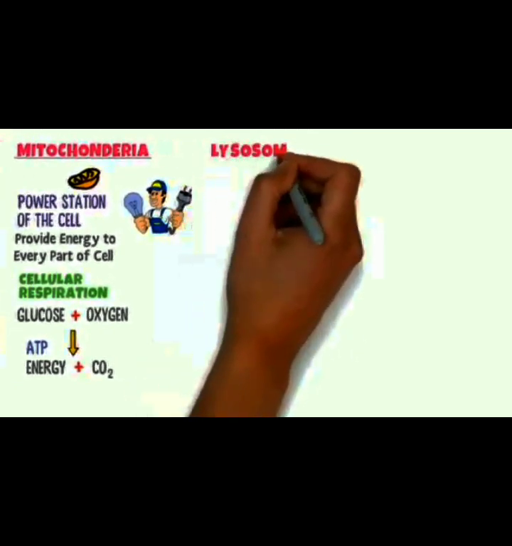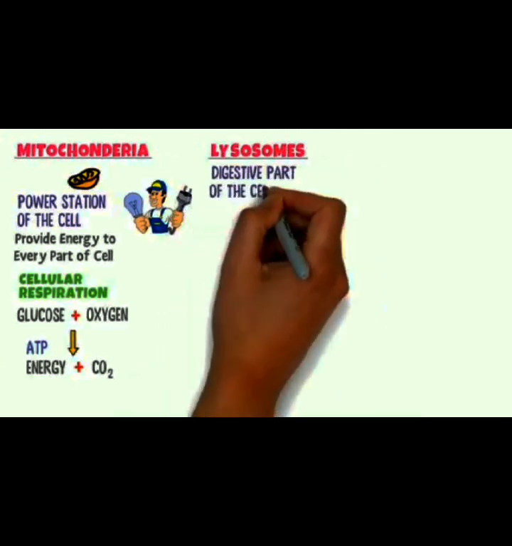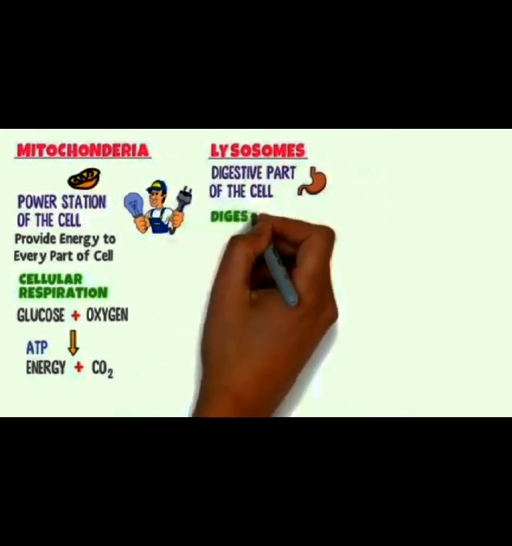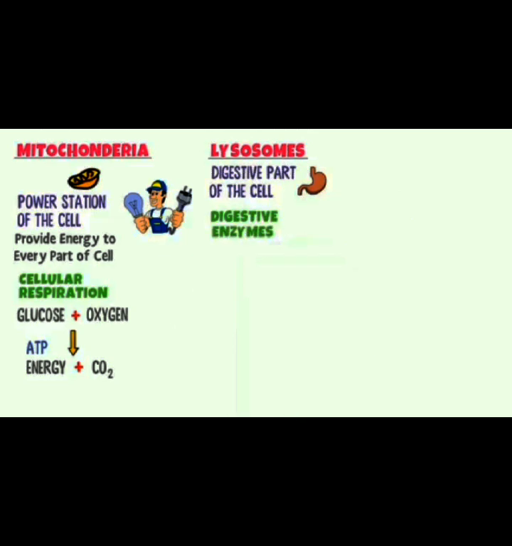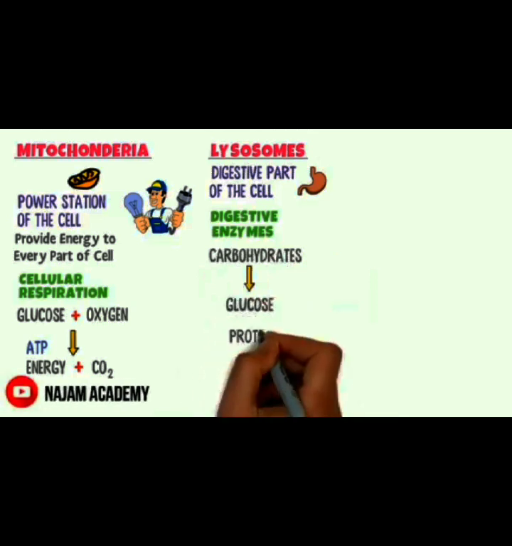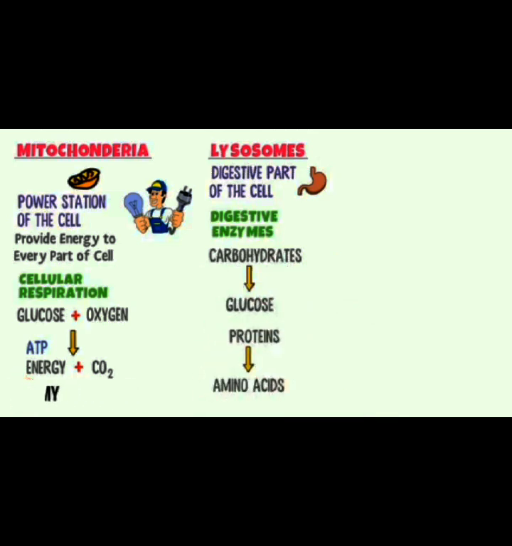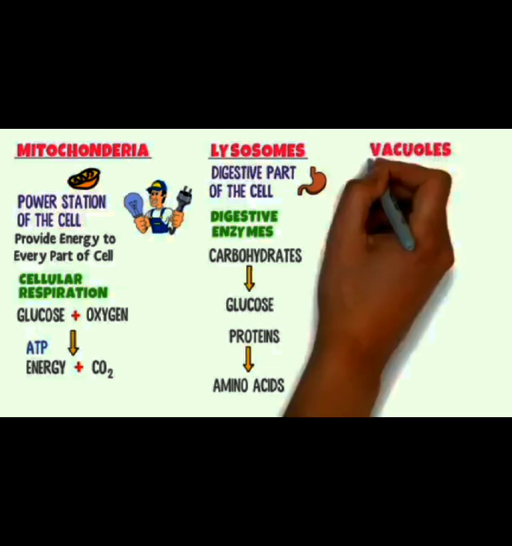Now, what is lysosome? Well, it is the digestive part of the cell. It contains digestive enzymes. Here, food is broken down. For example, carbohydrates are converted to glucose, and proteins are converted to amino acids. Finally, what is a vacuole?